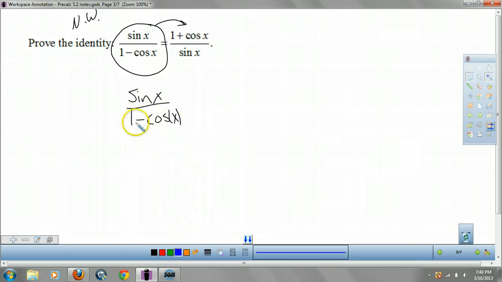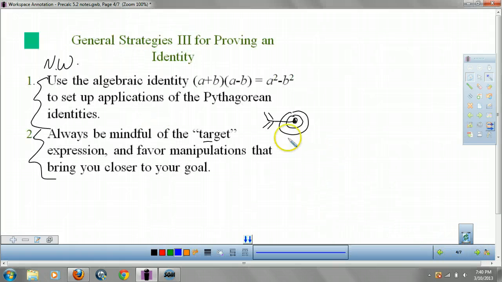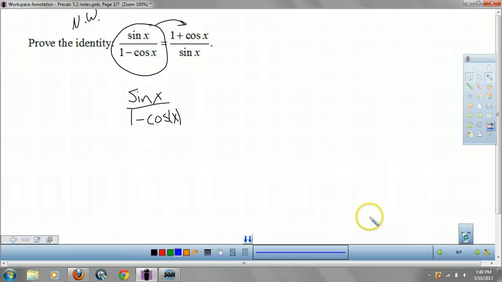Okay, here's a hint. I see a 1 plus or minus a sine or cosine. So I'm going to use this one handy dandy piece of advice right here, and I'm going to times it by that conjugate. So I'm going to times it by 1 plus cosine over 1 plus cosine.